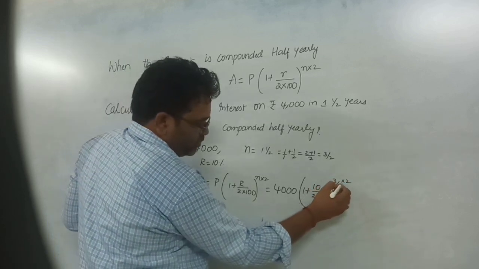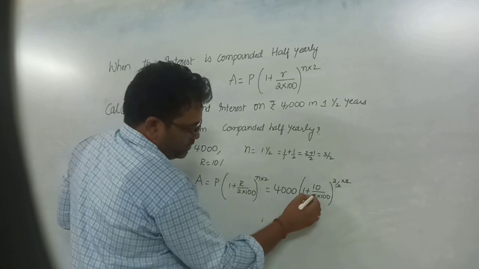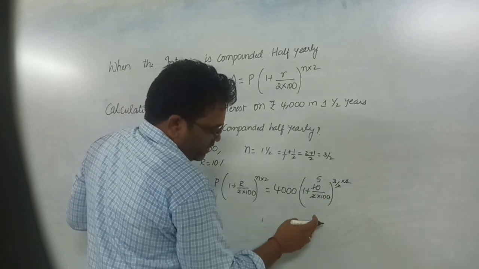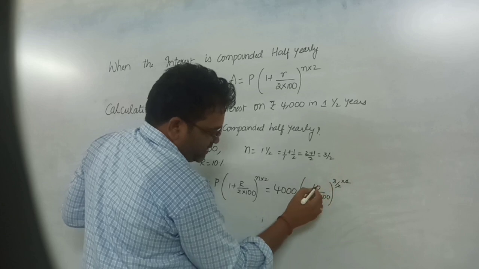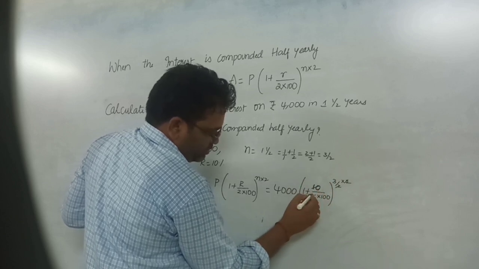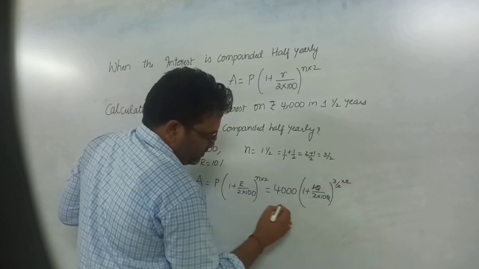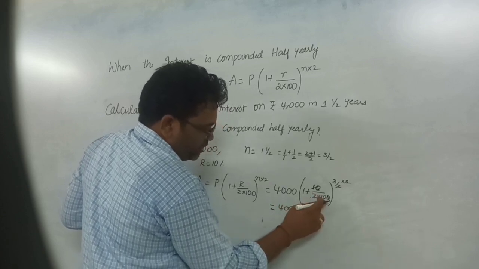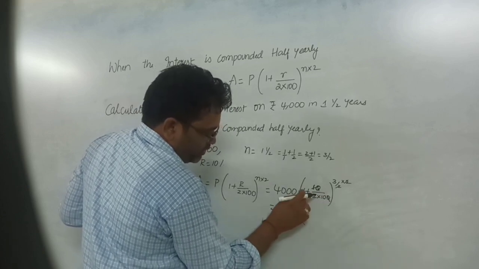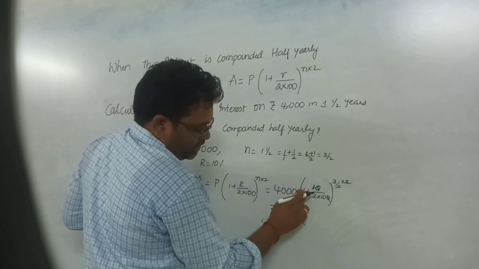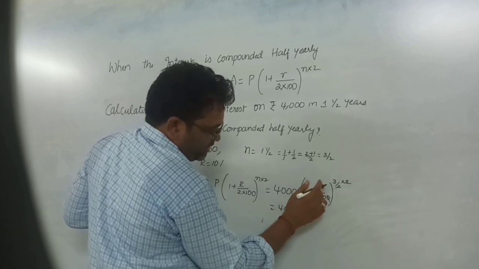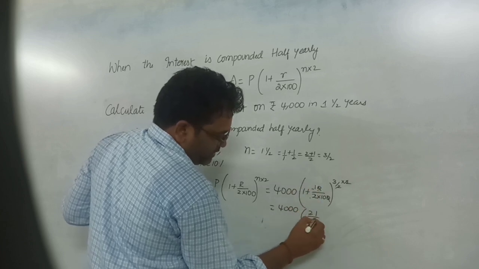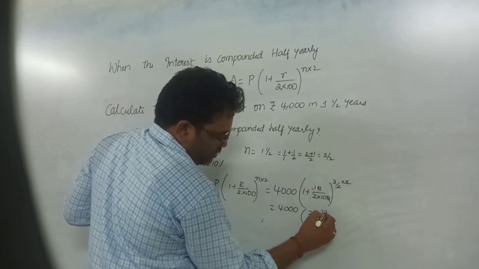So here 2 cancels, 2 fives are 10, and the zeros cancel, 4000 into, 20 plus 1, so 21 by 20 whole cube.